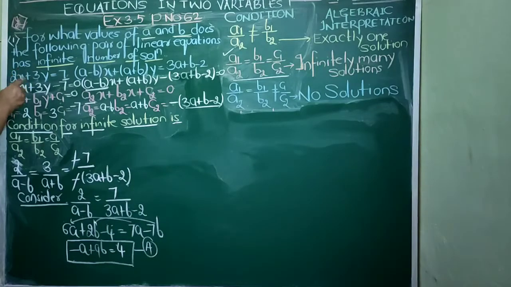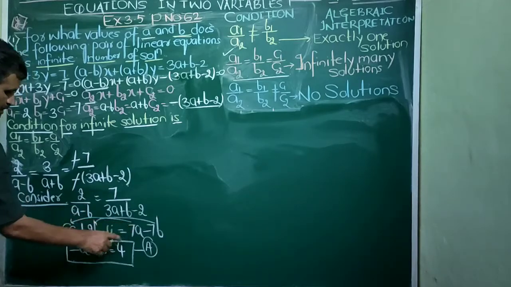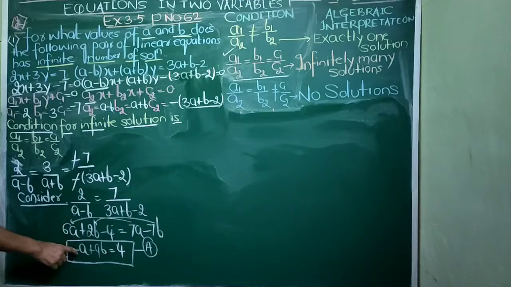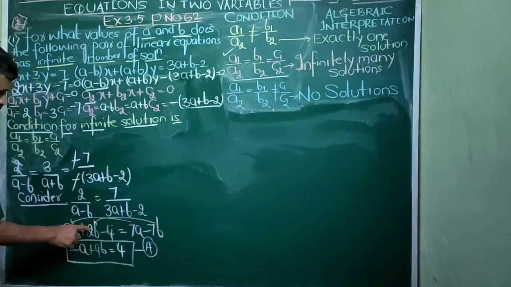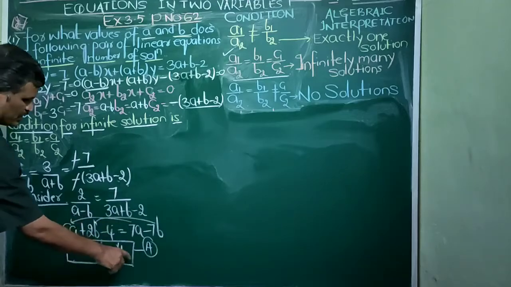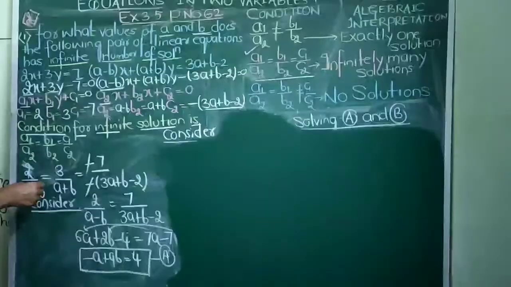According to the given conditions, I have substituted the values. Then I have considered the first one and the third one, and then I have cross multiplied. 2 3s are 6, 2 into B is 2B, 2 into 2 is 4, and this is 7A minus 7B. After transposing, 6A minus 7A is minus A, plus 2B plus 7B is 9B, and minus 4 I have transposed towards the right side. Now this is equation number A.